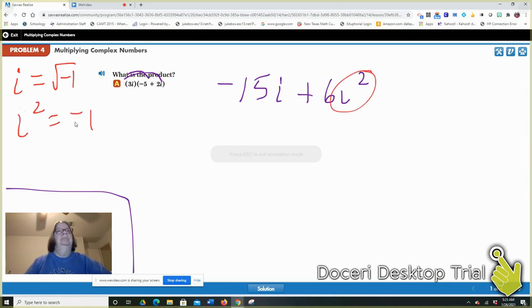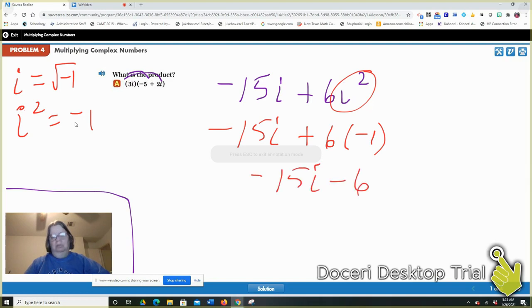There's i squared. The very important thing is that i squared is equal to negative 1. So what I have here is negative 15i plus 6 times negative 1. There we go. That's it. We can't go any further because we can't add or subtract one with an i and one without.